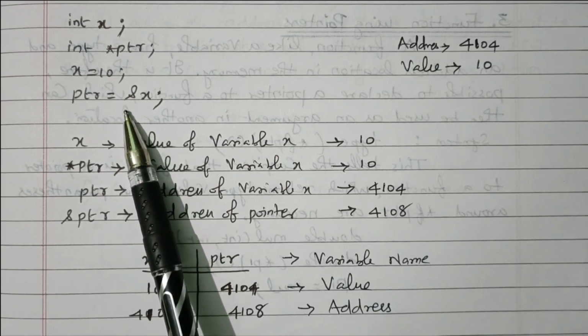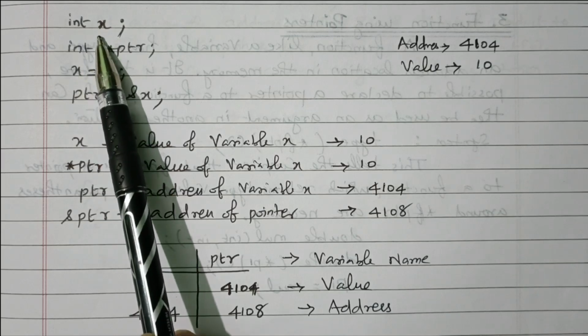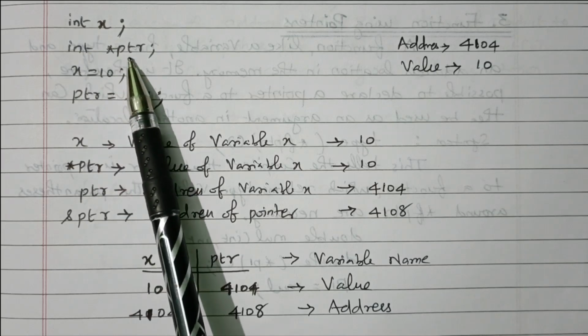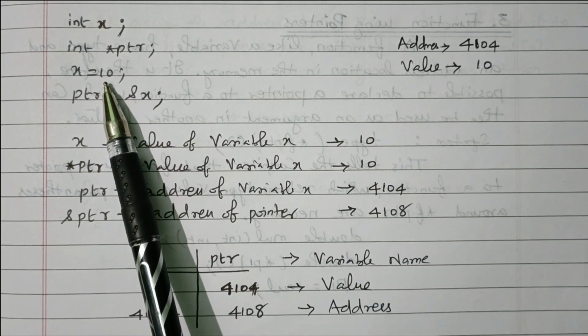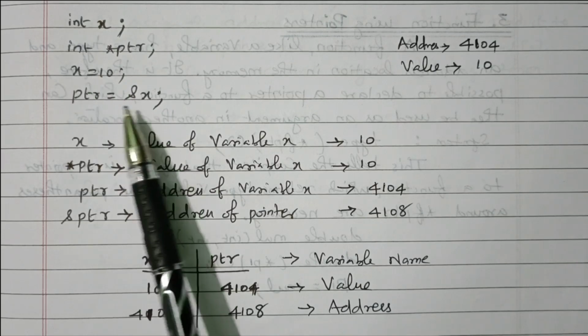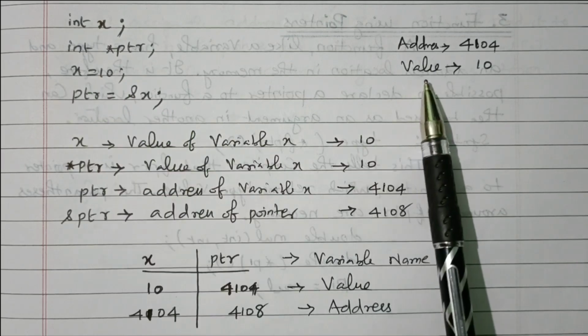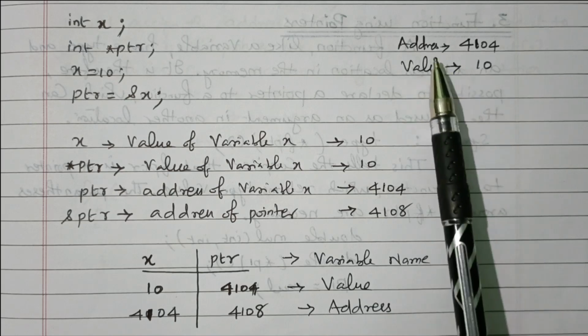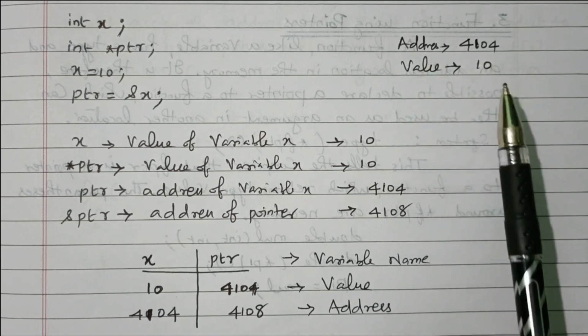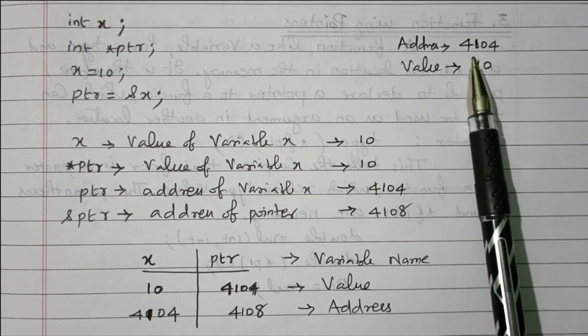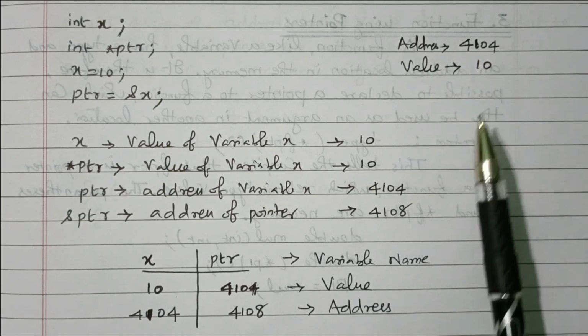So what will happen? We'll see. x is the integer variable, *ptr is the pointer variable, 10 is stored in x, and the address of x is stored in ptr. Let us consider the value is 10 and the address is 4104. The integer 10 is stored at the address 4104.